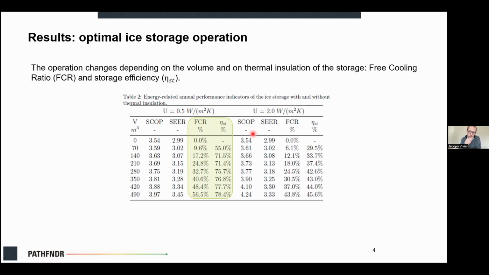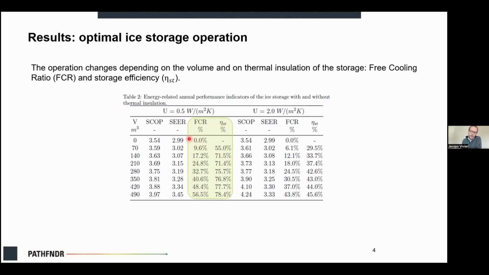If you look at the real system, the numbers would be these ones. So in the optimal case, with the real ice storage system that is installed in NEST, we can cover 6% of the cooling demand, and the system has almost 30% of seasonal efficiency.